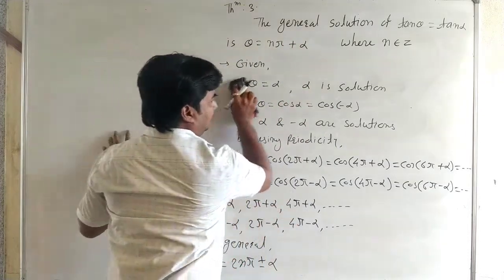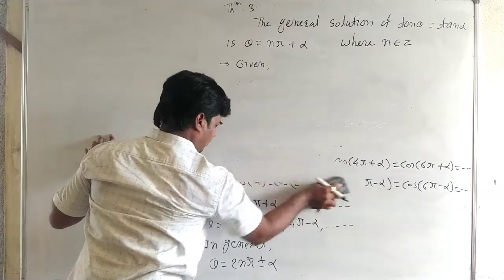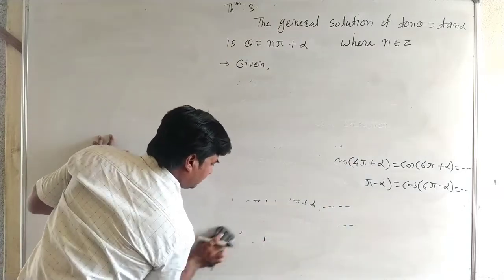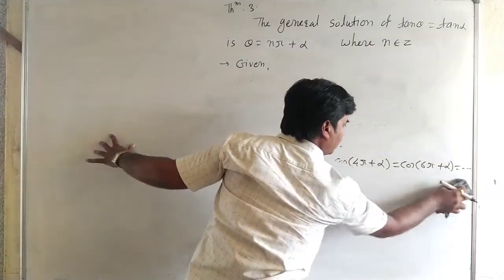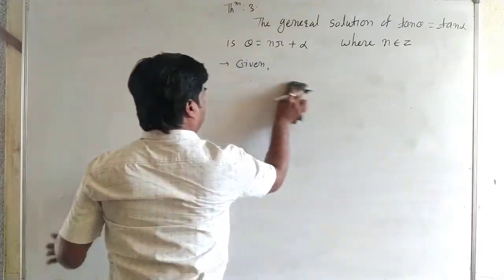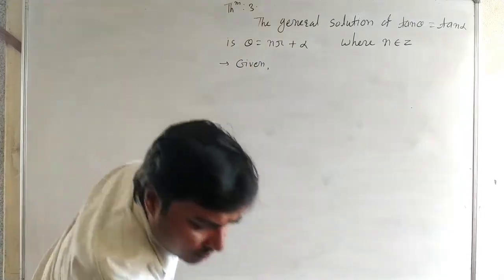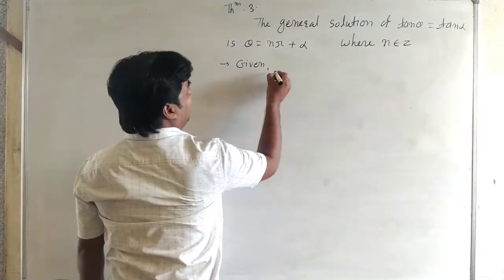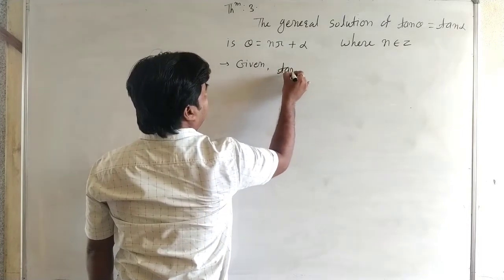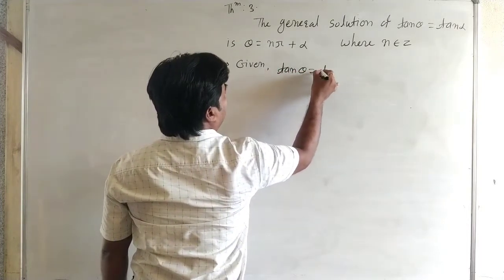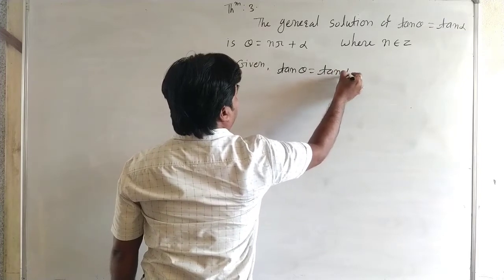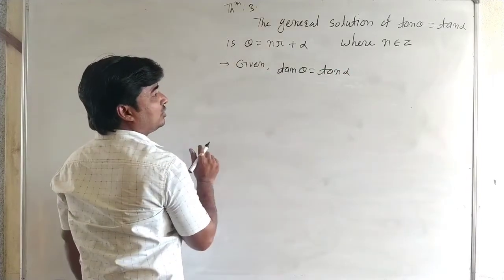Here the given equation is tan theta is equal to tan alpha, therefore alpha is a solution.